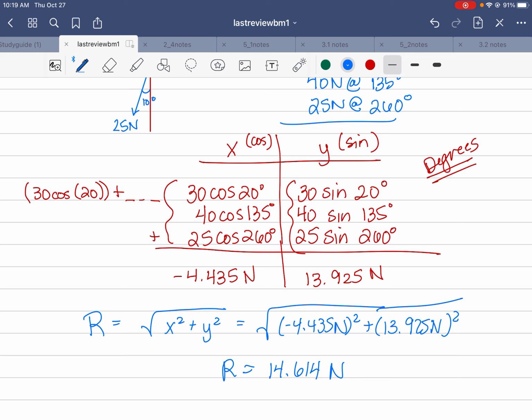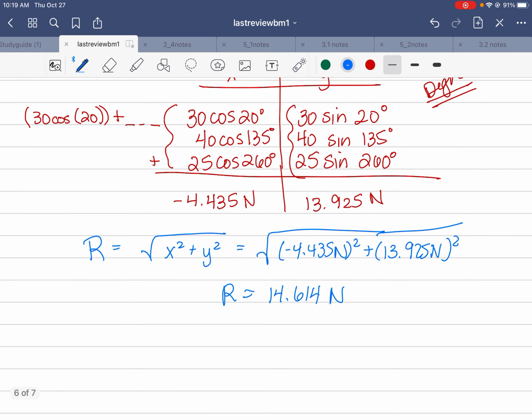So that is good so far, but I need to know what angle it's at, because if I want to figure out what force would cancel it out, I need to know what angle that one's going to go. All right, so we know that when we have a triangle, if we know our y value and we know our x value, to find that angle, it's going to be my opposite over adjacent. So the tangent of that angle is equal to y over x. So in order to separate out that tangent from that angle, I'm going to take the inverse tangent.